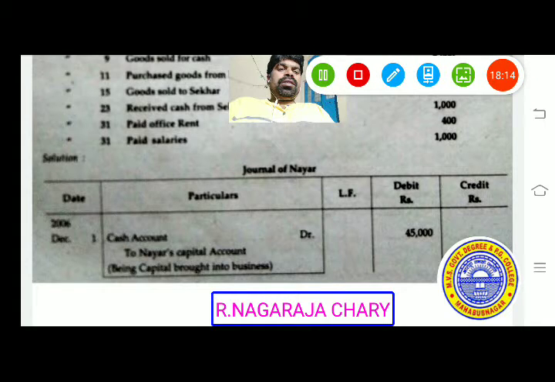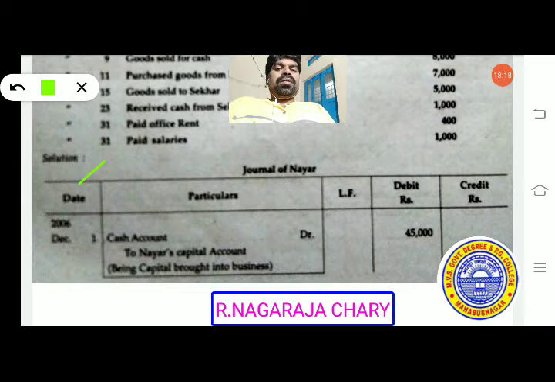Already we discussed that in a journal we have 5 columns: date column, particulars column, ledger folio, debit rupees, credit rupees. In the date column we write the date along with year, month and day. In the second column, particulars, the two aspects we have are recorded as the journal entry.